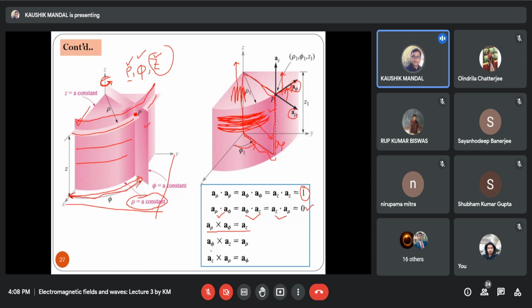Similarly, if you curl from a phi to a z, it will move towards the arrow. So in that way, by using the formulas or directly from geometry, you can find the corresponding dot products and cross products between different unit vectors.